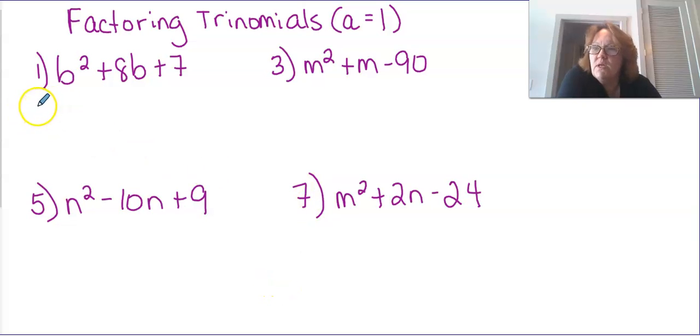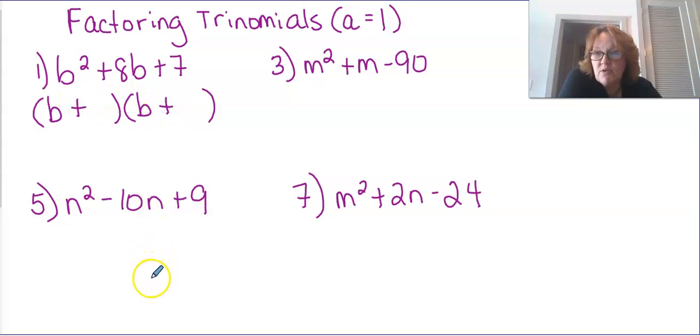All right, so for each of these, I'm going to be factoring them into 2 binomials. So I'm going to go ahead and put my parentheses there. I'll put my b in each parentheses because I know that's going to be there. And if I see 2 pluses, I also know that I'm going to have 2 pluses in my parentheses. So I can go ahead and put those there too. What I'm looking for is I'm going to look at my constant.